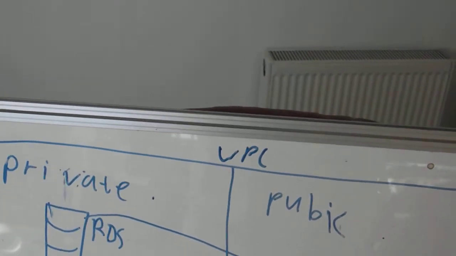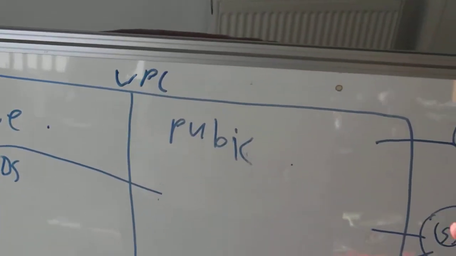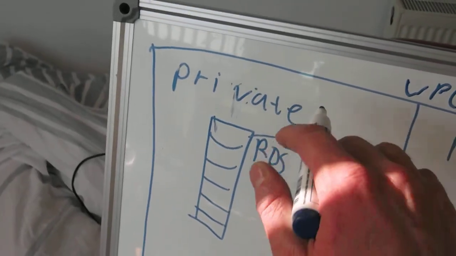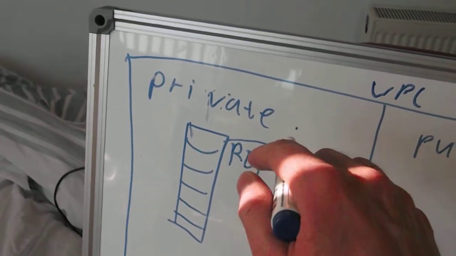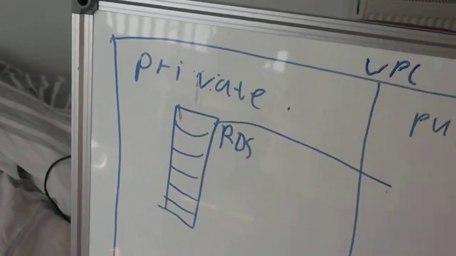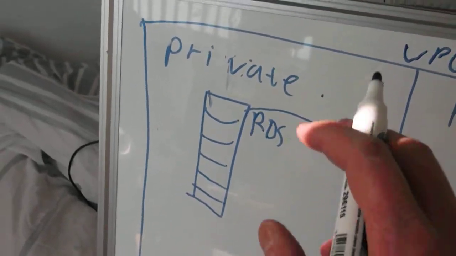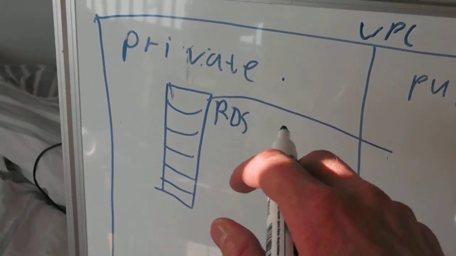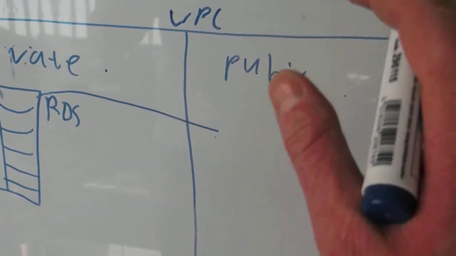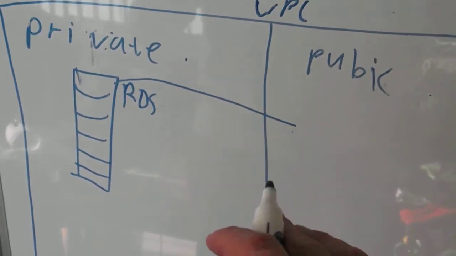The main difference between the two is that the internet can access the public subnet, but it cannot access the private subnet. That's very important because things that are in the private subnet you don't want the internet to access. However, you can configure resources in the private subnet to be able to access the internet. From our perspective in this video, that's the main difference between the two.